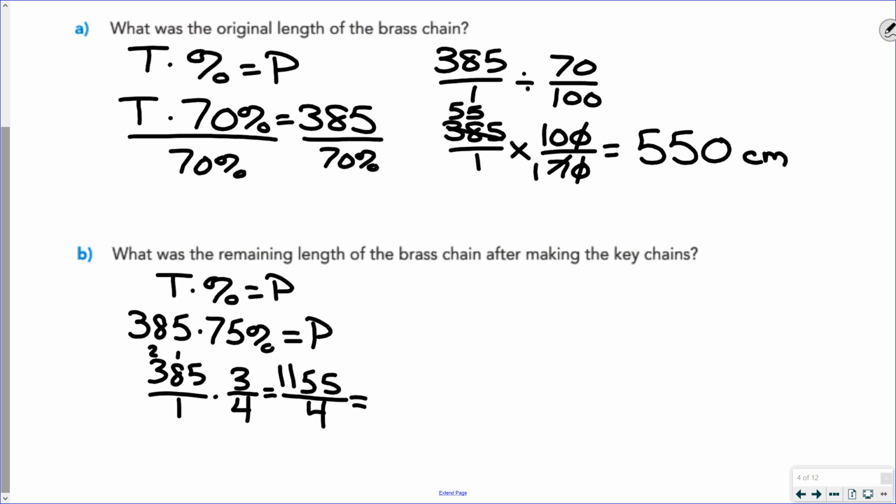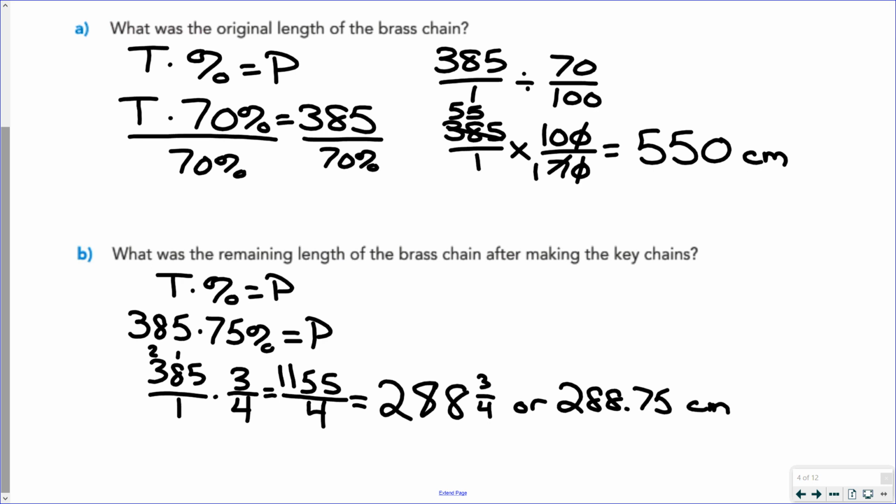And 4 times 1 is 4. 4 would go into 11 twice. 2 times 4 is 8. 11 minus 8 is 3. 4 goes into 35 8 times. 8 times 4 is 32. 35 minus 32 is 3. 4 would go into 35 8 more times. 8 times 4 is 32. 35 minus 32 is 3. So we get 288 3/4, or 288.75 centimeters.